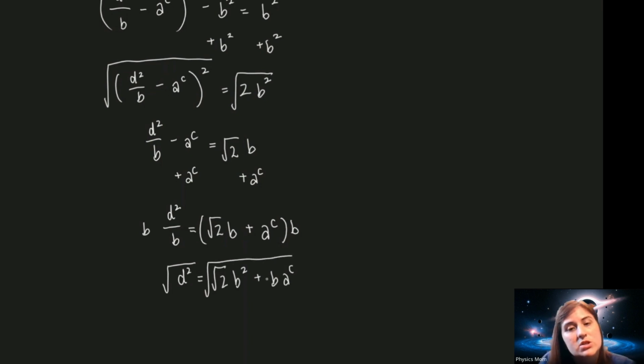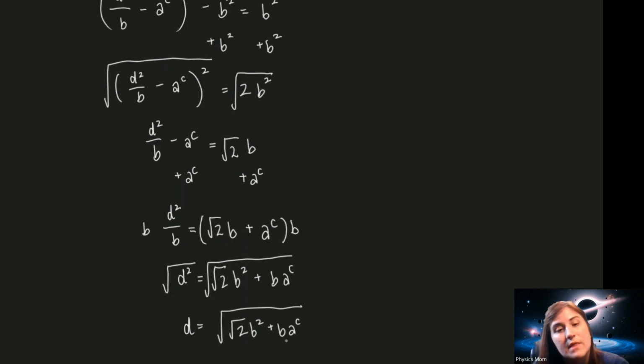And since there's an addition sign under the square root, which is kind of like an exponent, I can't simplify that with an addition sign like I could with multiplication. So this becomes d is equal to the root. You see we have a double root here with root 2, but that's okay. Root 2b squared plus bac, and that is my answer.